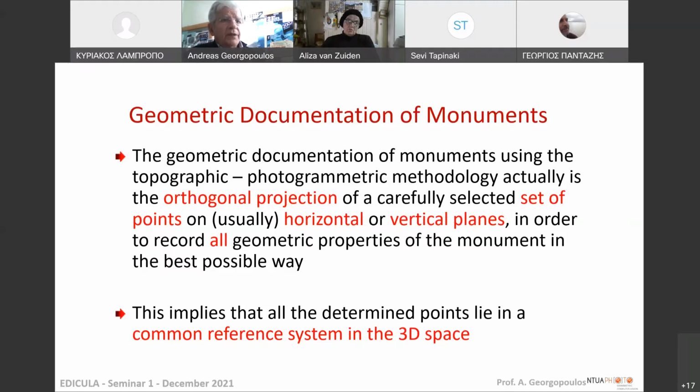And the methods that I will very quickly go through have the benefit that they all are able to refer all these points in a common reference system. So, for example, in a church, the point on the cross or the bell tower is related exactly to a point in the basement of the church.